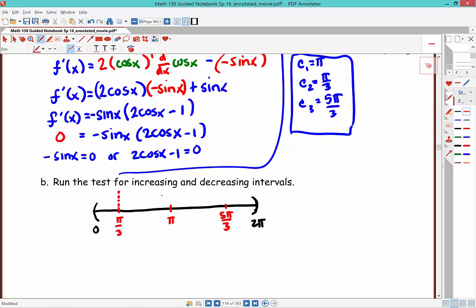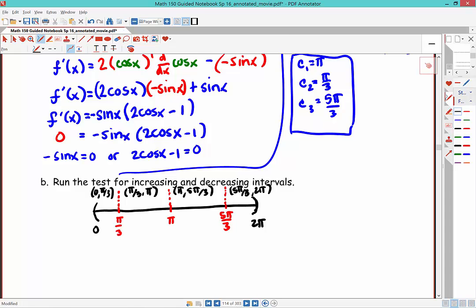So these are the intervals that we're interested in. So this one goes from 0 to pi over 3 non-inclusive. Then we're going to have from pi over 3 to pi non-inclusive, pi to 5 pi over 3 non-inclusive, and finally 5 pi over 3 to 2 pi non-inclusive.